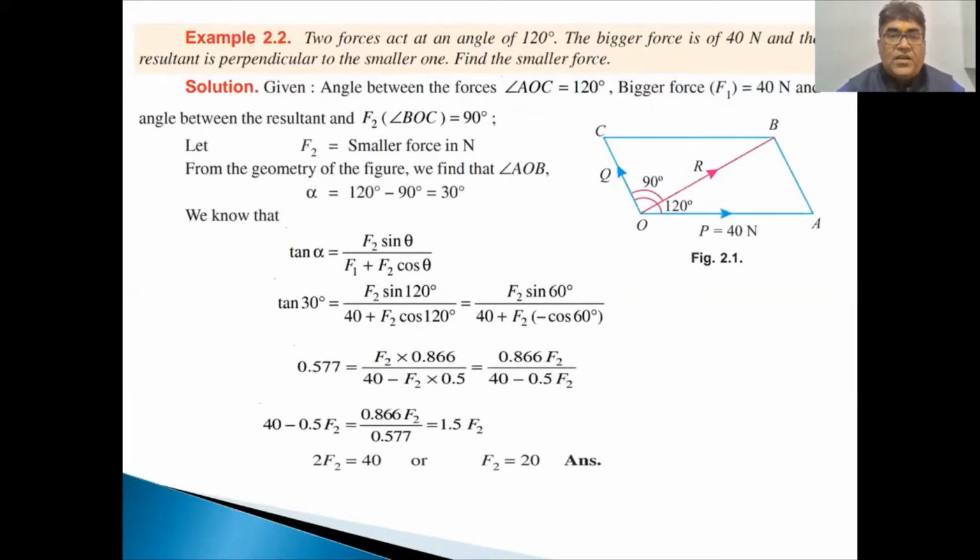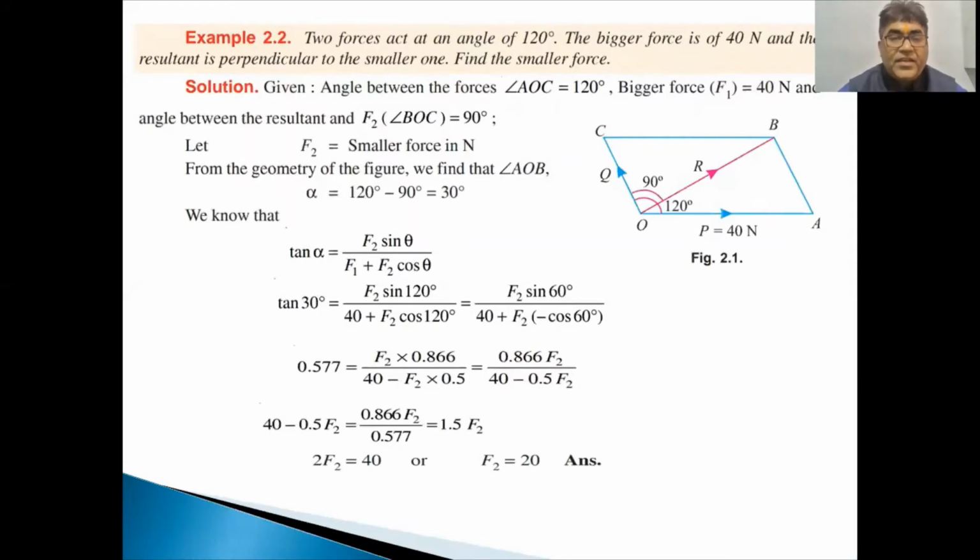Now if we have to find the angle between the resultant and the first force, or say the bigger force, then the angle will be 120 minus 90 degree, that is equal to 30 degree. And applying the formula, tan alpha is equal to F2 sin theta upon F1 plus F2 cos theta. Here also we are not concerned with the derivation part, but this is the formula which is derived.